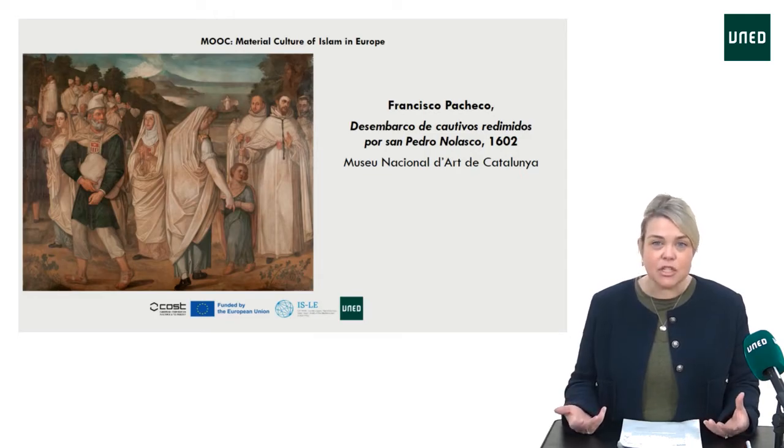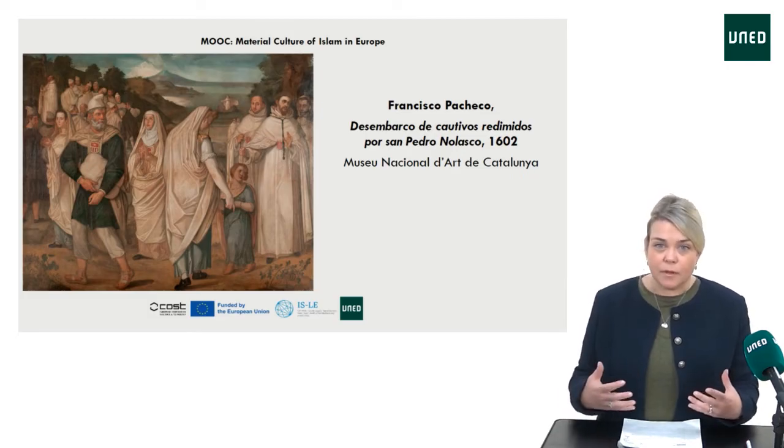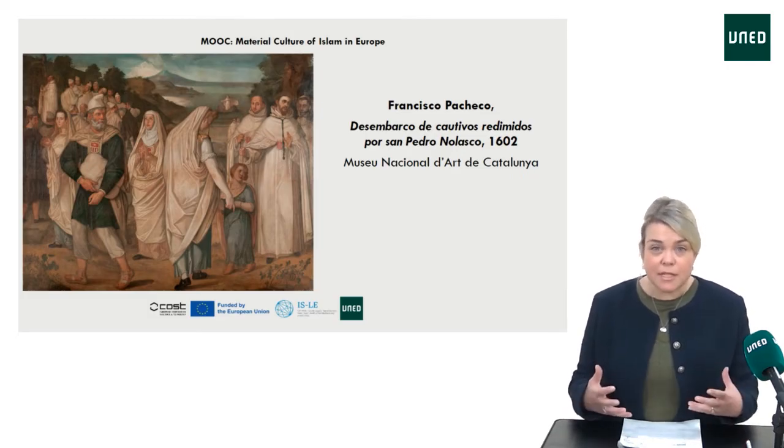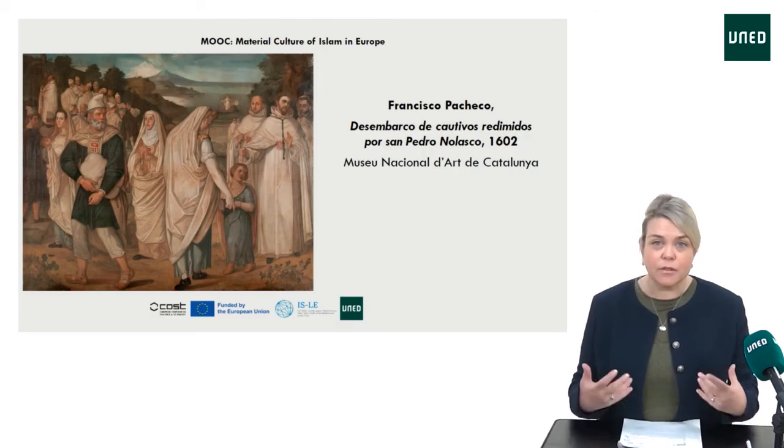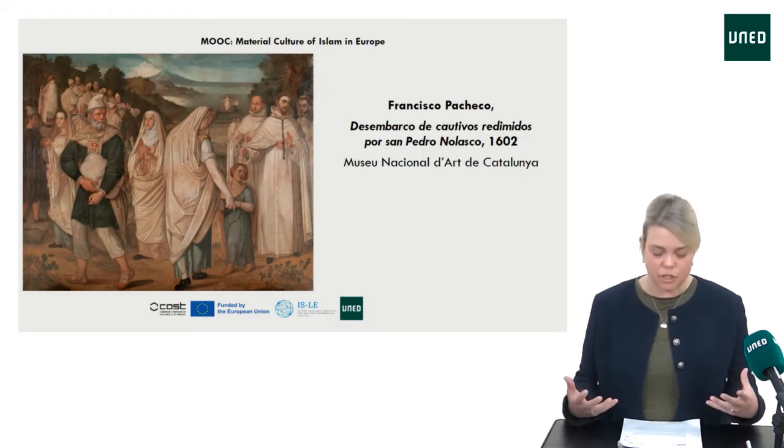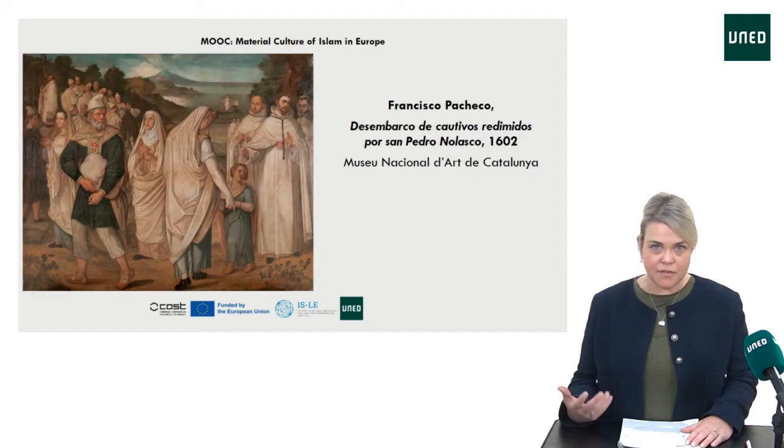Likewise, paintings such as this one by Francisco Pacheco, representing the arrival of captives back to early modern Europe, represent another canvas to think about the ways that people of diverse experiences understood these encounters and exchanges that took place because of human captivity.